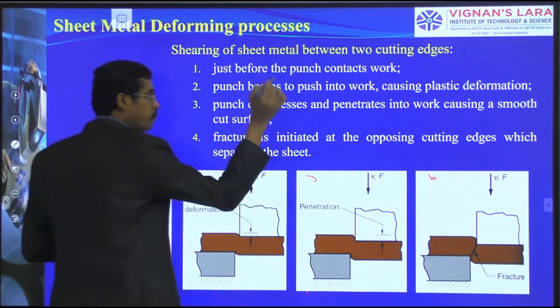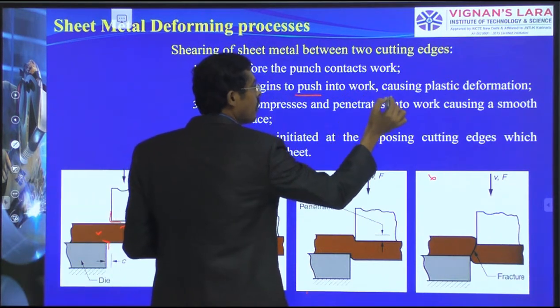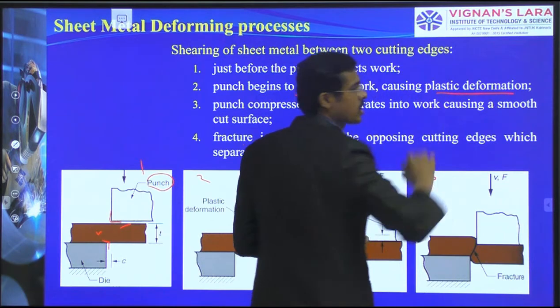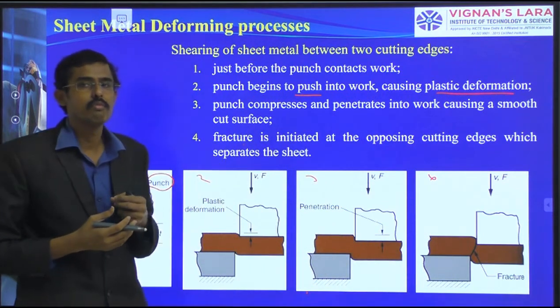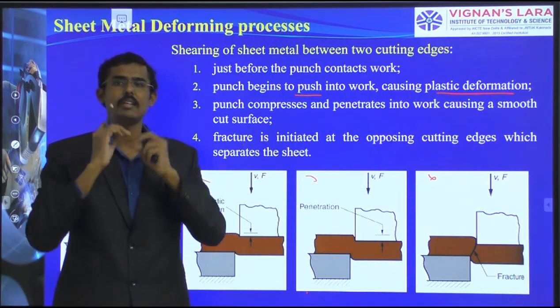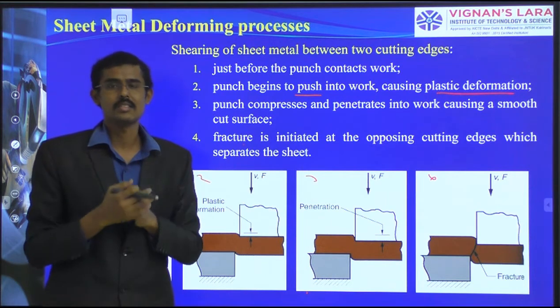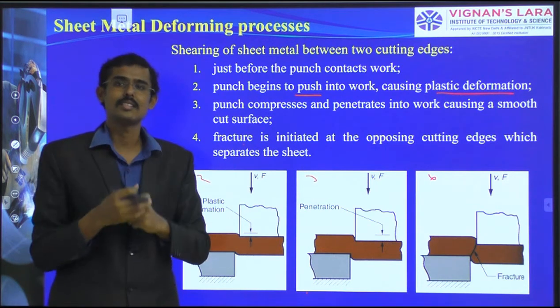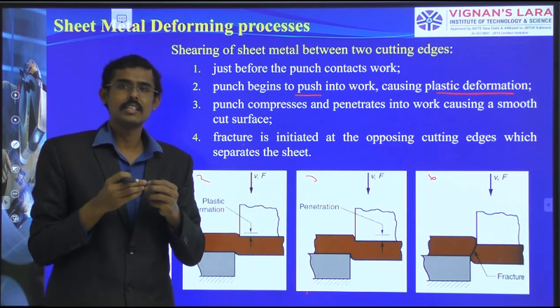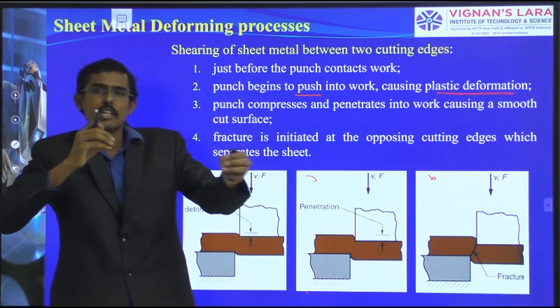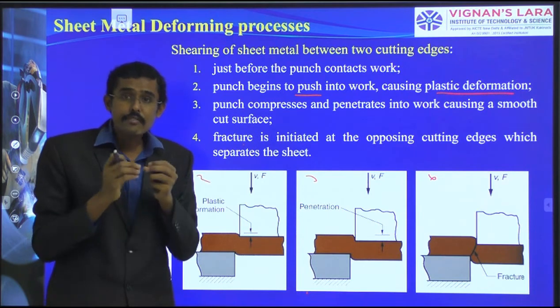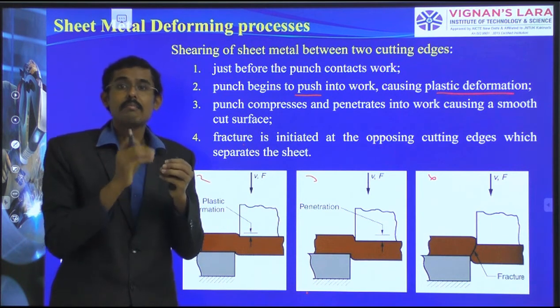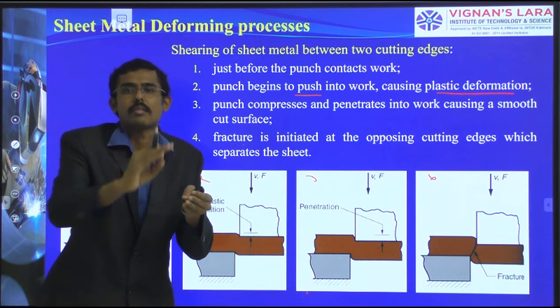The punch begins to push into the work, causing plastic deformation. Initially, the material will not break immediately, unless it is a brittle material. Therefore, it will give some resistance, and later it will give some ductility, a little bit of deformation. After that deformation, at the breaking point, it is going to shear.